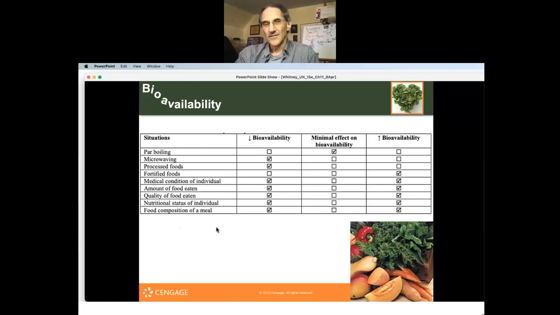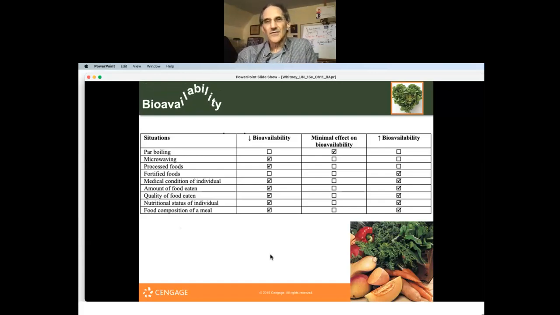We could think about damage to the GI tract, damage to the oral cavity, etc. Then there's the amount, the quantity of food eaten. So the quality of food and quantity of food, depending on which way it goes, could decrease or improve bioavailability.